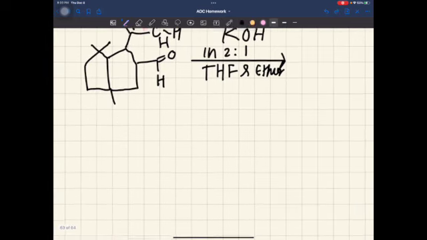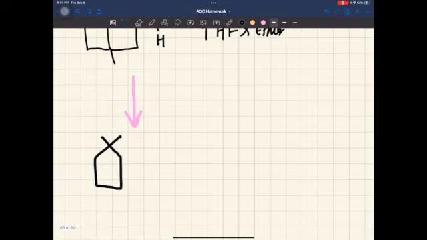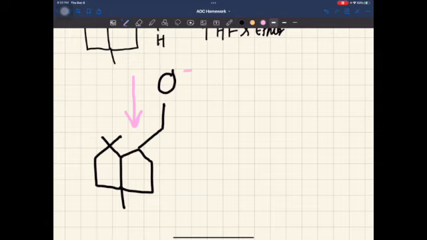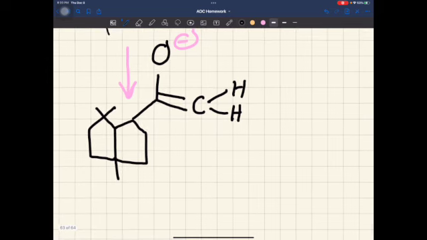I'll do it down. And this oxygen is here with the minus on it, and it's connected to the carbon that has its hydrogen still, and we have our aldehyde here, H.